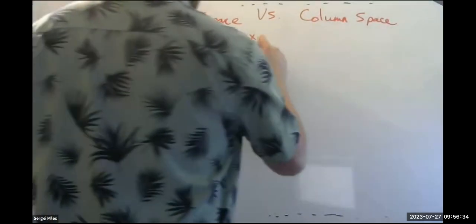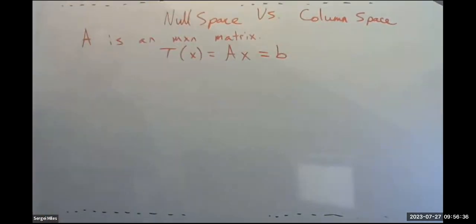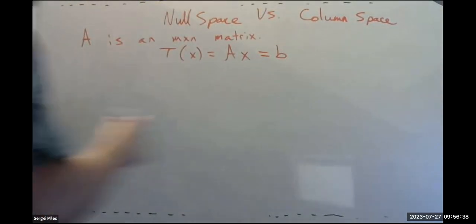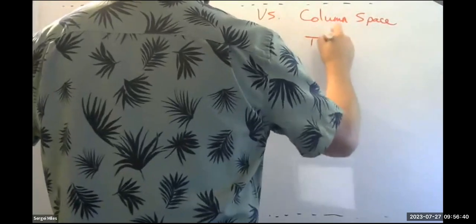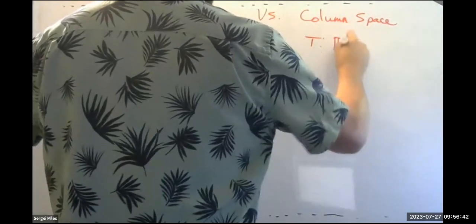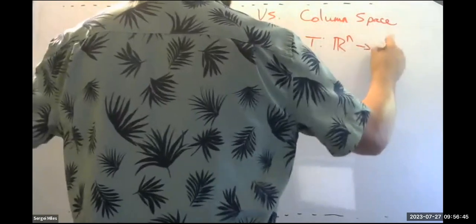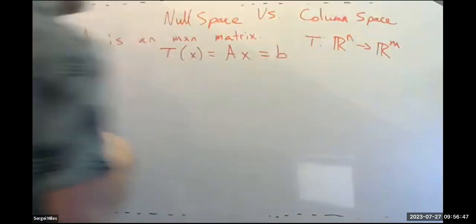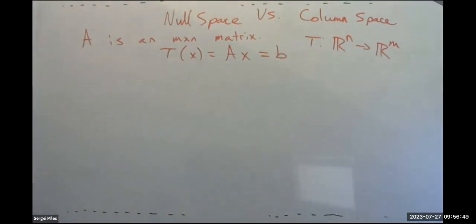And this results in some kind of output vector. Okay. Well, what is my domain? My domain is Rn. My codomain is Rm. I plug in a vector that's in Rn. It gets multiplied by A, and it outputs a vector in Rm.